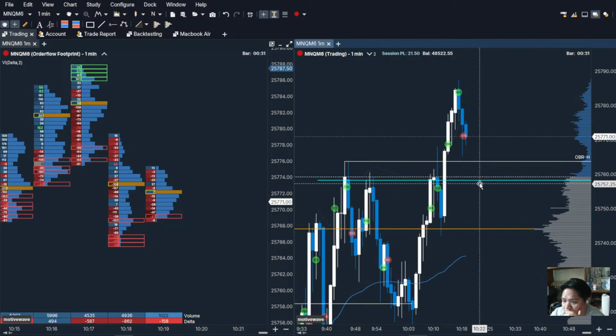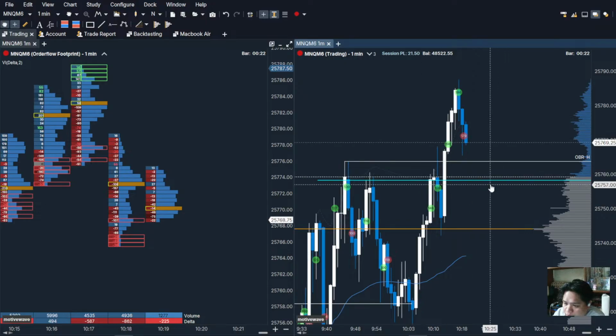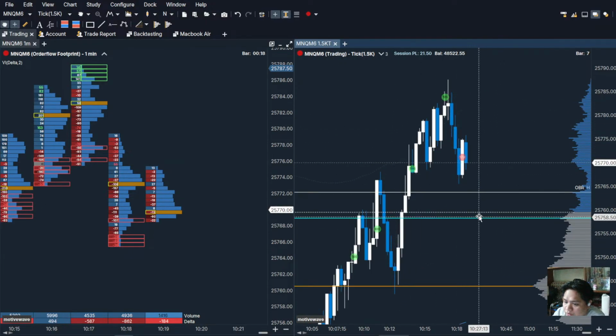See if we can get a trade off this level here. And that's where the buyer stepped in. I'd be interested for the market to go down at that area.